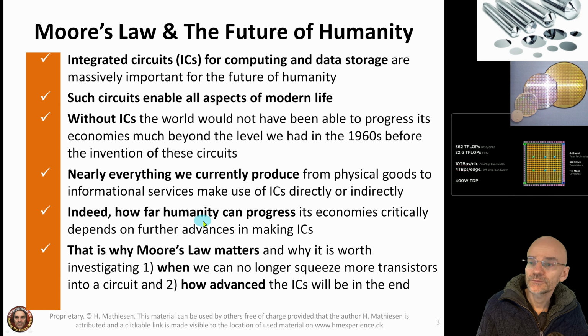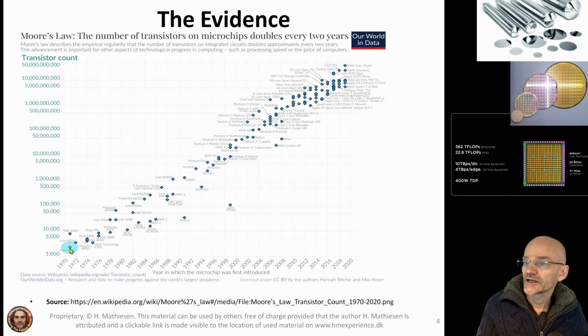Okay, so let's start by looking at the evidence. Here I have found a graph that plots time on the x-axis and number of transistors on the y-axis, with data plotted for a lot of integrated circuits, or ICs, that have been developed over the years. We can see here that we could actually fit a straight line through all these data points.